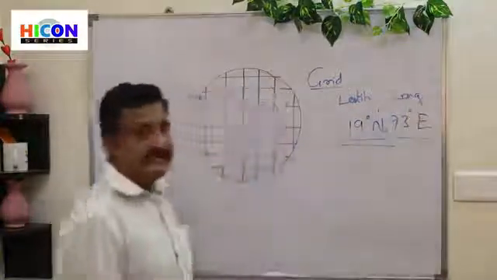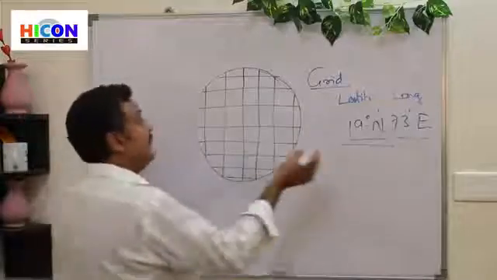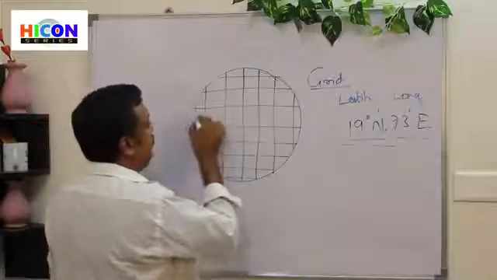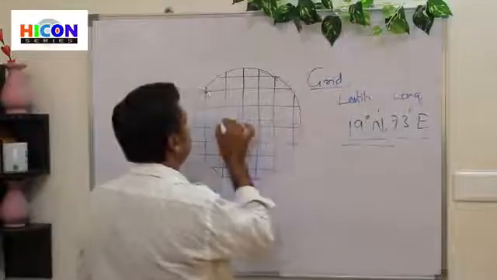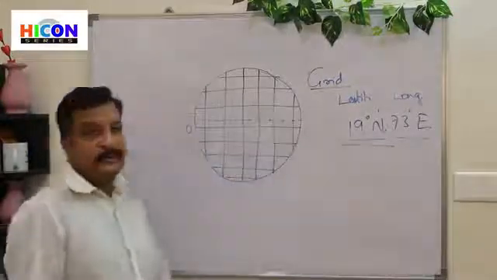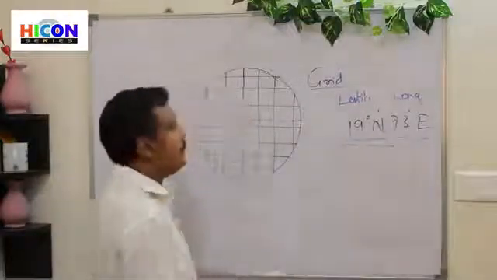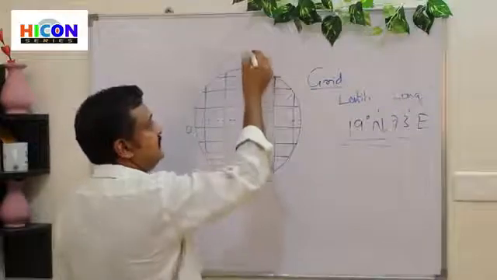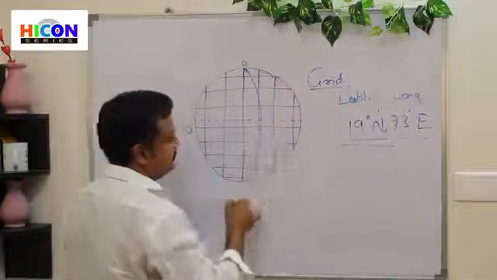So when we see 19-degree north, we need to check the parallels. So this is 0 and here is 19-degree. Right? Now we need to check 73-degree east. So this is 0-degree, and yes, here it comes.